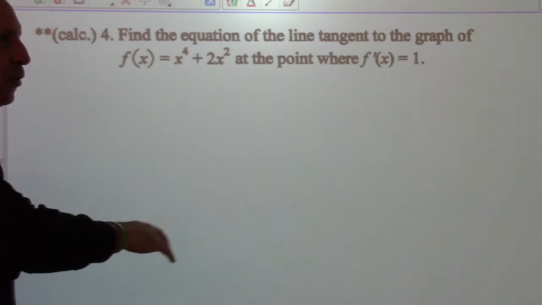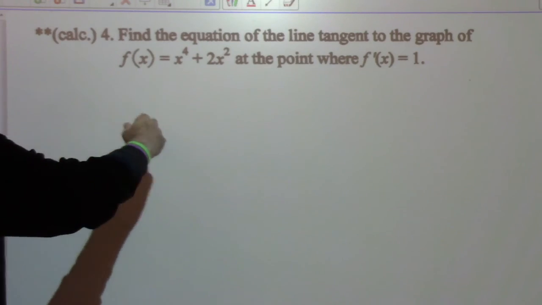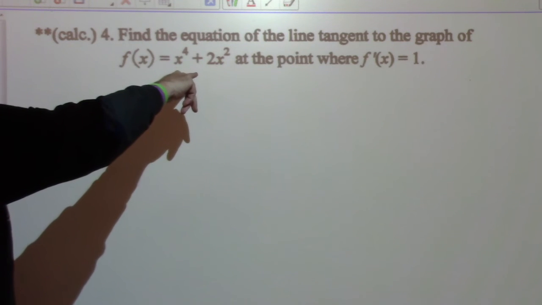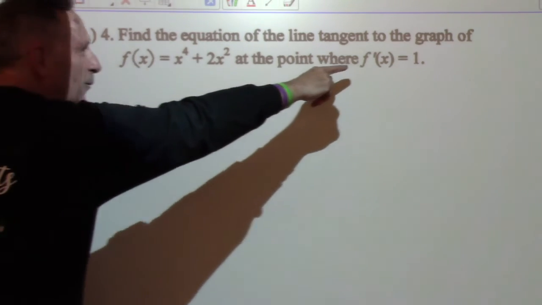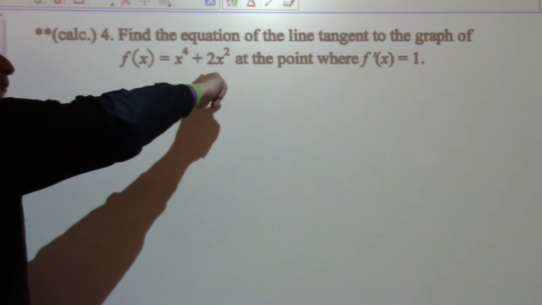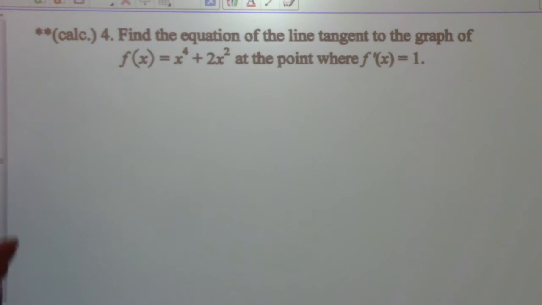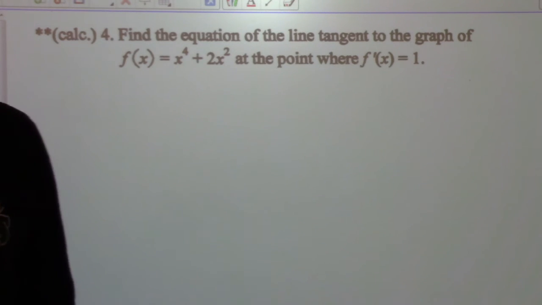Then solve for x. Yes. And then after you solve for x, what else do you need? You need y, thank you. You're welcome. Take that value of x you solved for, plug it back into the original equation, then you'll have a slope and a point. Yes, dynamic duo.